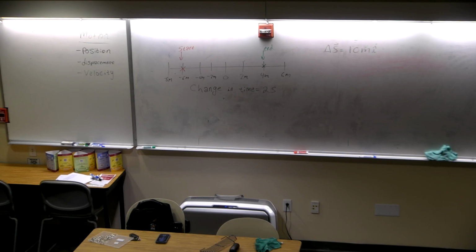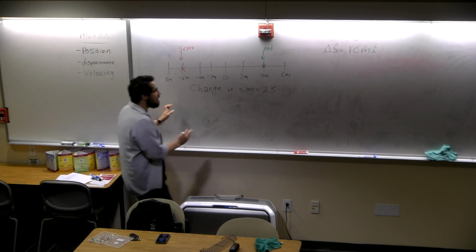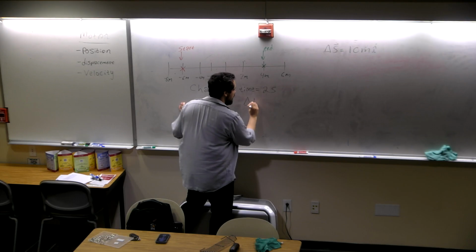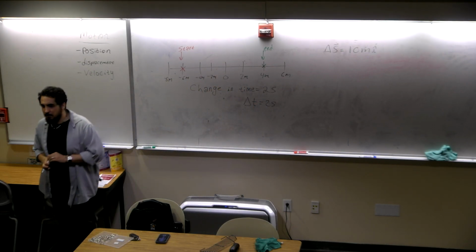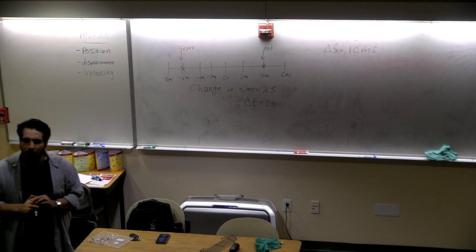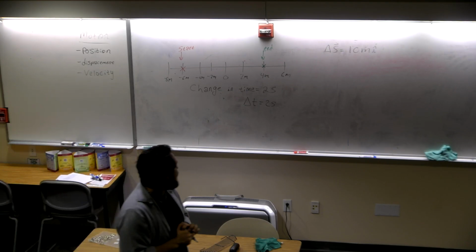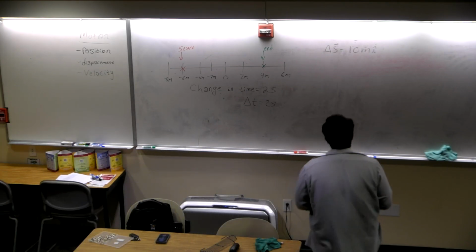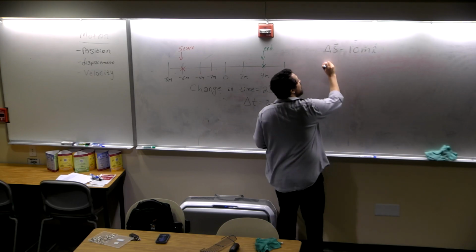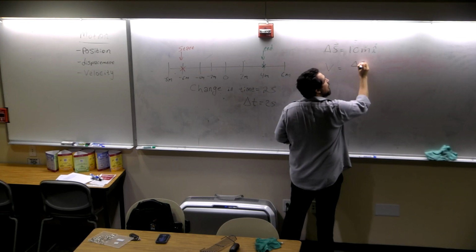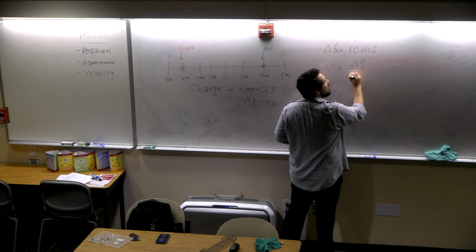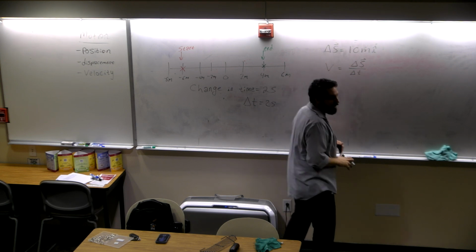What does this mean? This means that if the time is smaller, the velocity is larger, meaning that we undertook the motion more quickly, more rapidly. So if we have a change in displacement over some time, we can describe the velocity as being that change in displacement over time. What is our change in displacement? 10 meters i-hat. What is our change in time here? 2 seconds.